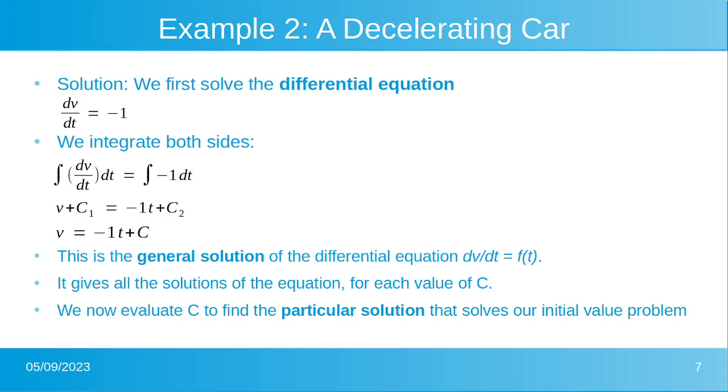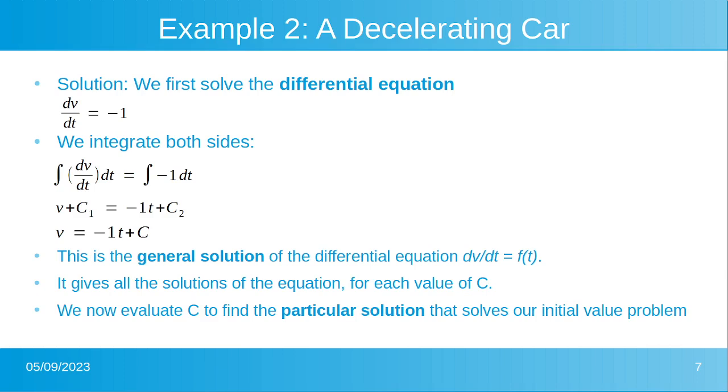Similar to previously, our term on the left hand side of the equal sign evaluates to v plus a constant of integration c1. And our term on the right hand side evaluates to -1t plus another constant of integration c2.